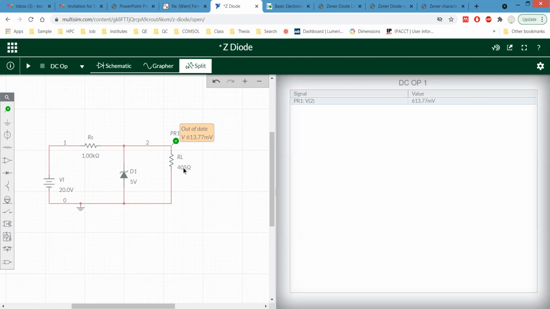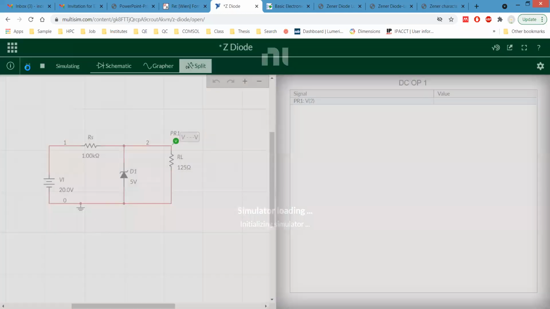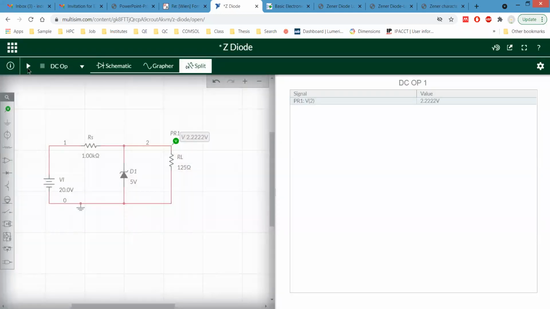Now change the resistor value for two cases. One is for 100. Let's say for this value, let's check it. As it is 125 ohm, the voltage is 2.2.